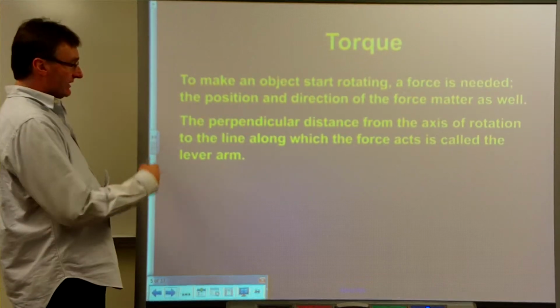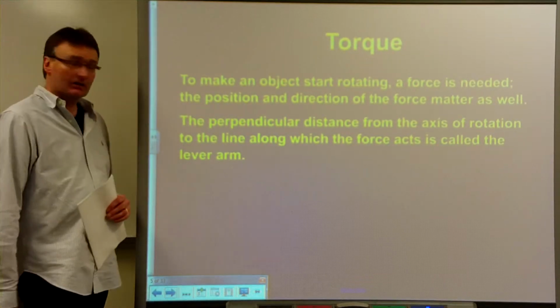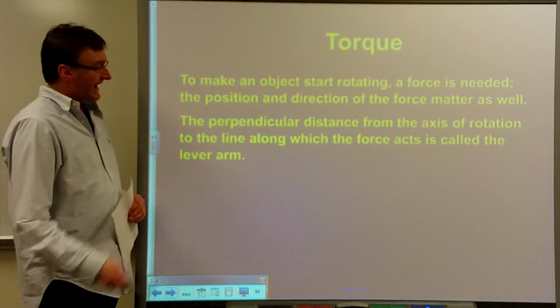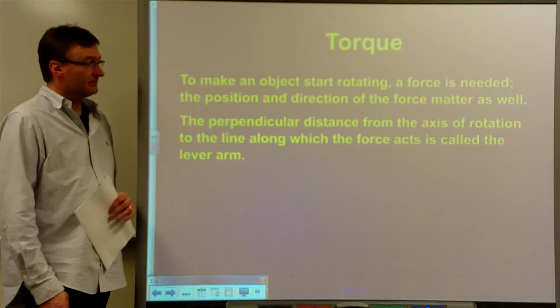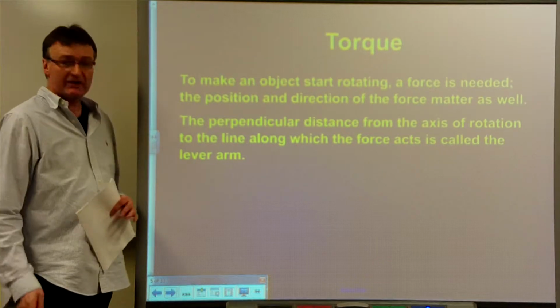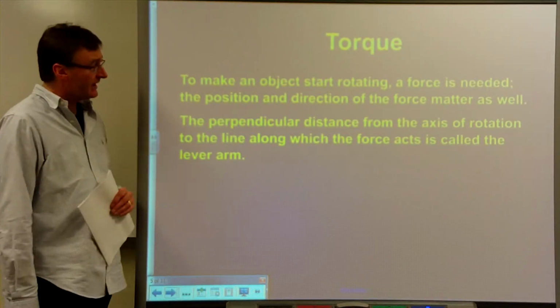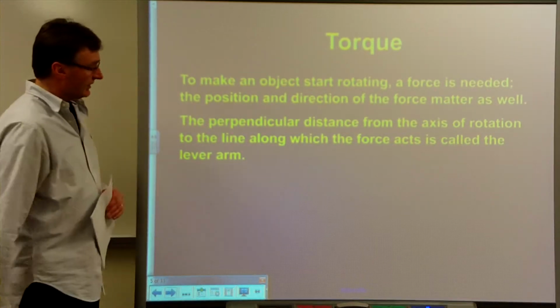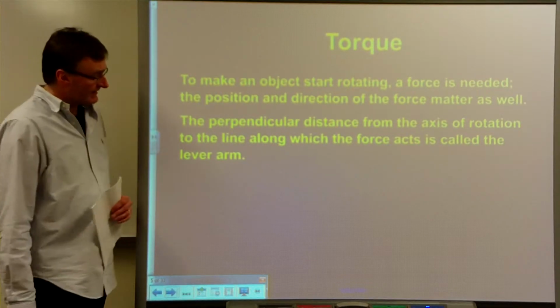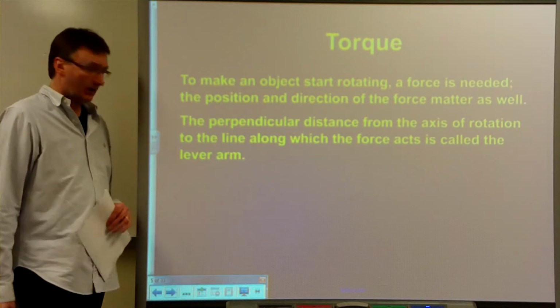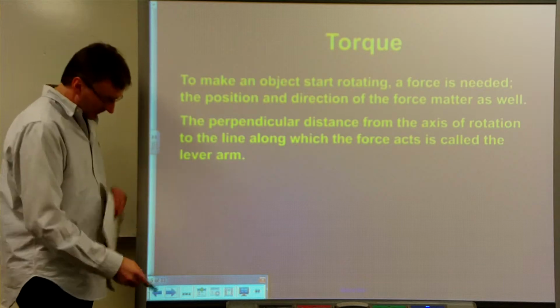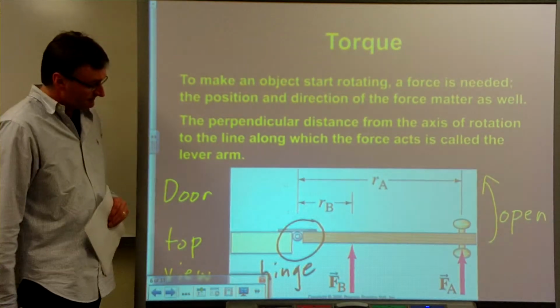The perpendicular distance from the axis of rotation of the object, which we sometimes call the pivot point, to the line along which the force acts, that's called the lever arm. That's quite a mouthful, so what do we mean exactly by that?